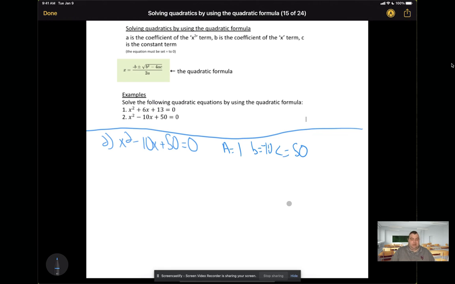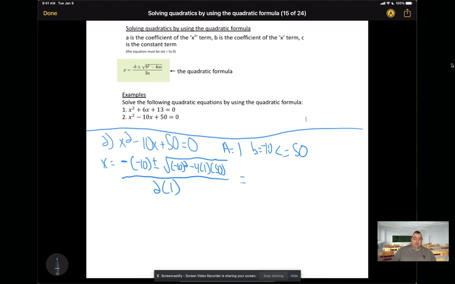So I'm going to plug in 1 for a, negative 10 for b, and 50 for c. So x equals negative b plus and minus square root of b squared minus 4 times a times c divided by 2 times a.